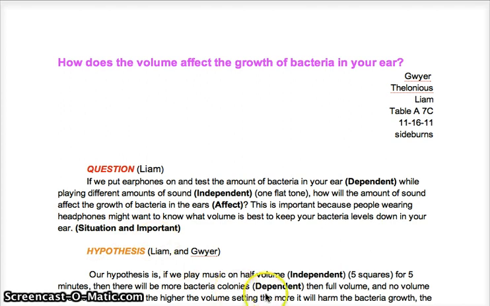So if we play one flat tone into your ear through a pair of headphones, how will that affect the amount of bacteria in your ear?